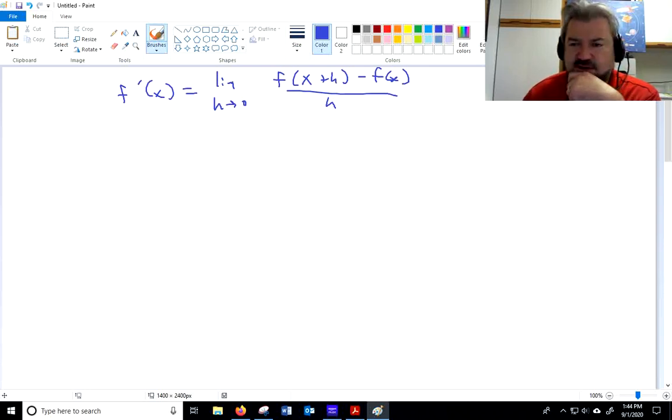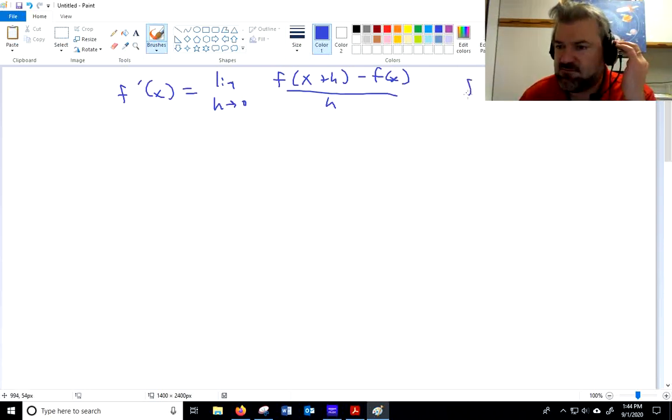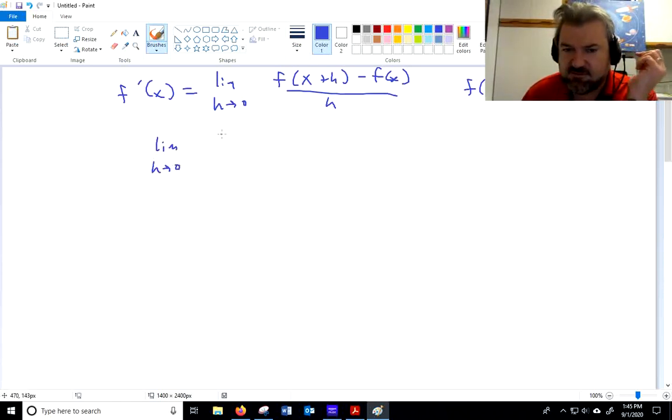Our f of x was, let's see here, x squared minus 4x. So I have the limit as h approaches 0, f of x plus h, which means I've got to put x plus h everywhere there's an x. So it becomes x plus h squared minus 4 times x plus h. That just took care of this part here.